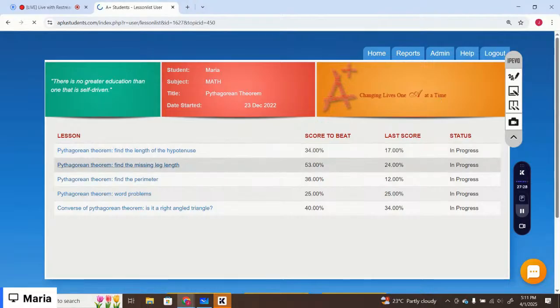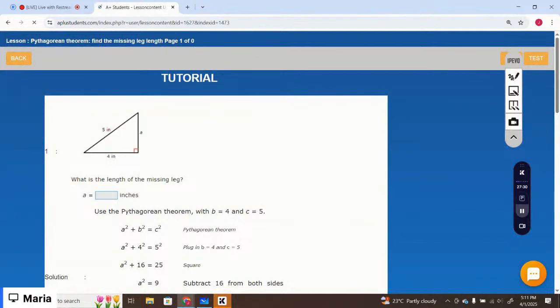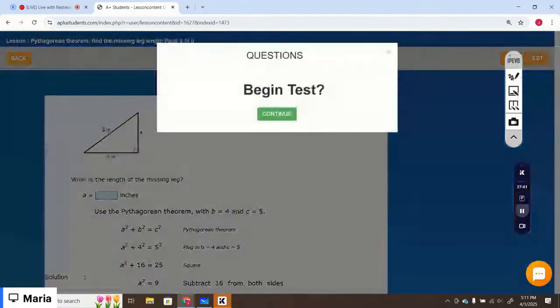Pythagorean theorem, find the missing leg length. Now we have to find the missing leg length, not only the hypotenuse, but whichever length is missing, we have to find. Let's just start with the test questions.